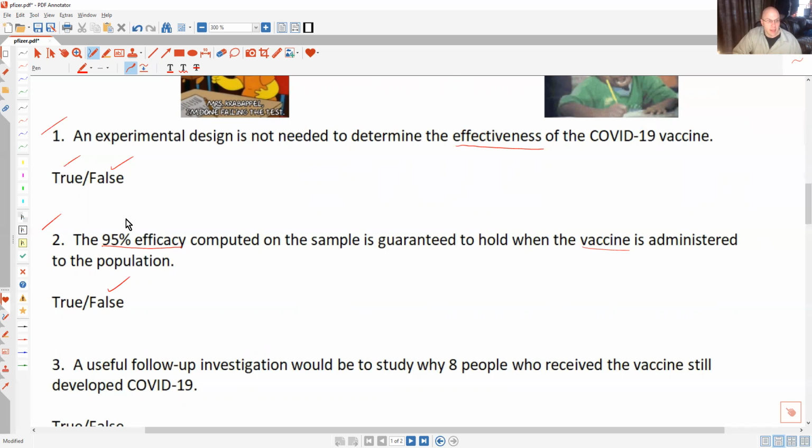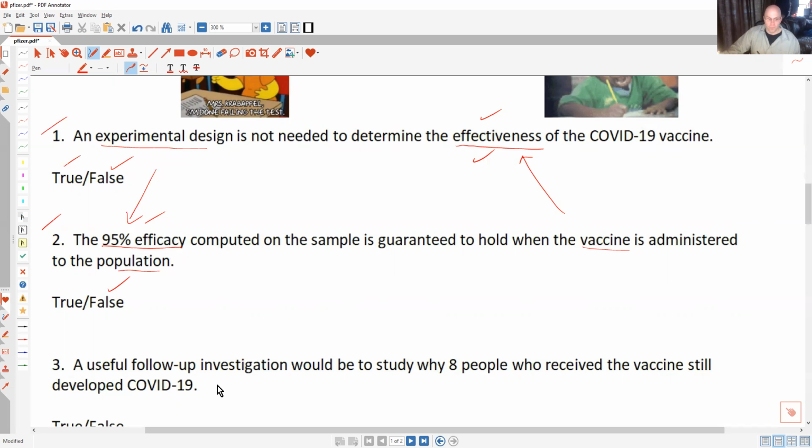Again, if you like to make the distinction between efficacy and effectiveness, remember that the 95% is on that controlled lab experiment, and now they're going to learn of the effectiveness of the vaccine as it's given out into the population. Again, that's why the experimental design is needed to determine the efficacy, but when it's administered to the population, you don't need the experimental design because you're now in the realm of determining the effectiveness of the vaccine.